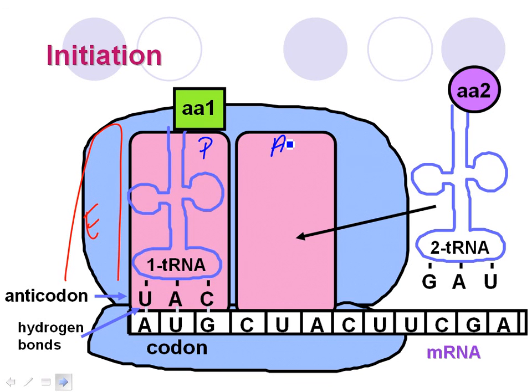Now this is where elongation begins, when this second transfer RNA comes in and binds to the proper codon. Because remember we said we start with initiation, and we had our initiator transfer RNA come in, and then we want to go to elongation.